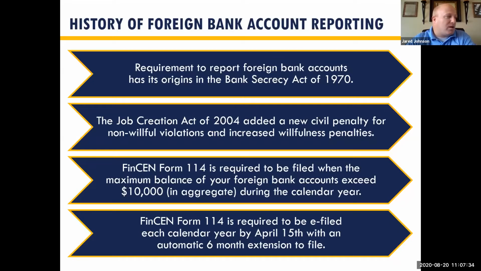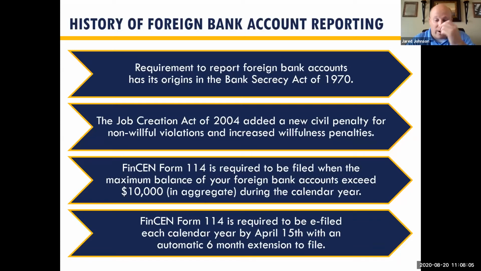A couple other things to know about the FBAR: the large civil penalties that we'll talk about began in 2004. The form switched from an older form to FinCEN Form 114 a few years ago.